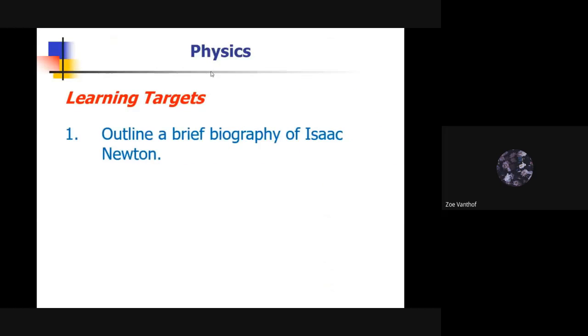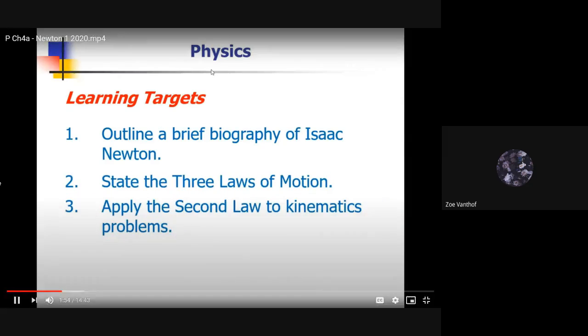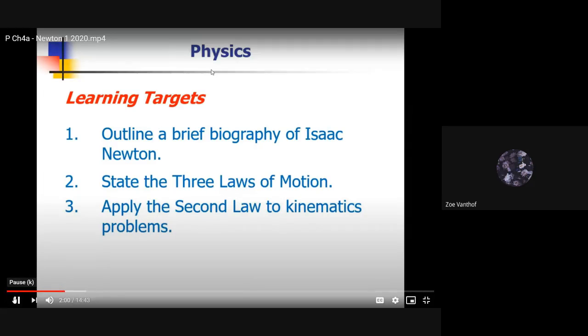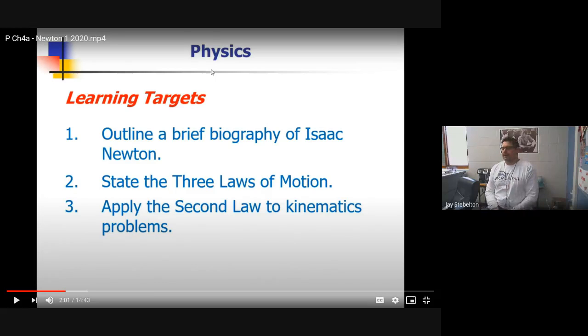So today we're going to outline a brief biography of Isaac Newton, state the 3 laws of motion, and apply the most powerful equation in all of physics, Newton's second law. Okay, so those learning targets up there, we'll just spend a few minutes on the history of Isaac Newton, or where he came from, what he did, where he went to college.